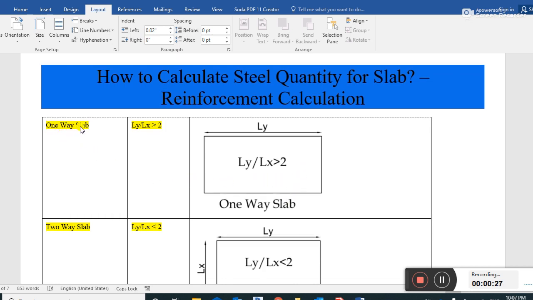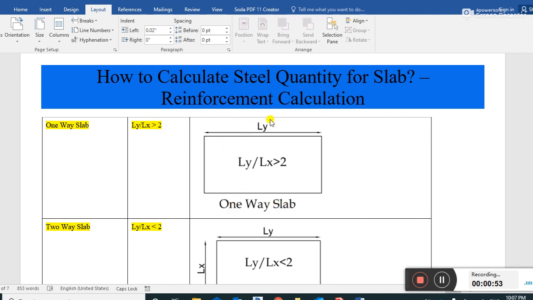One-way slab. How to define a one-way slab? If this is a slab, this is ly and this is lx. If ly divided by lx is greater than 2, then it is a one-way slab.